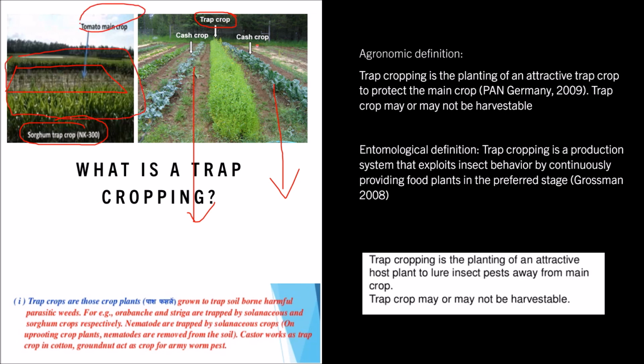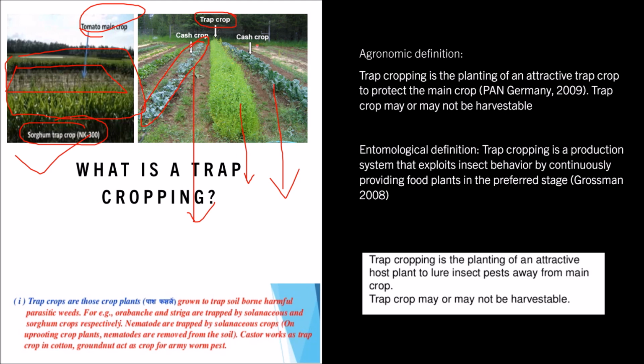So in this case, tomato is the main crop protected by a sorghum trap crop, so that all the insect infestation is taken up by the sorghum plant. And here, all the attack which was supposed to be on the cabbage is taken up by this plant. So this is a trap crop, also called pash fasal, which also helps to trap soil-borne harmful parasitic weeds.